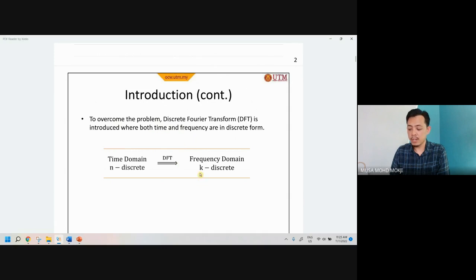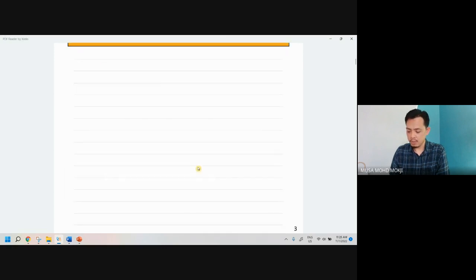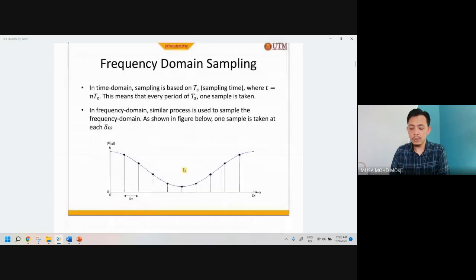So this is where we will get this k. k is the discrete frequency. And how to do that? What we will do is frequency domain sampling. In the time domain, sampling is based on Ts. Ts is the sampling time, where T equals N Ts. This means that every period of Ts, one sample is taken.